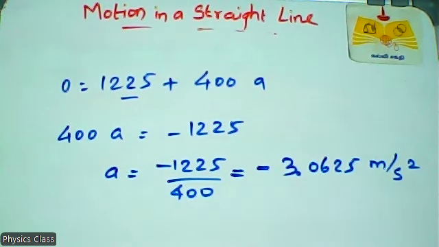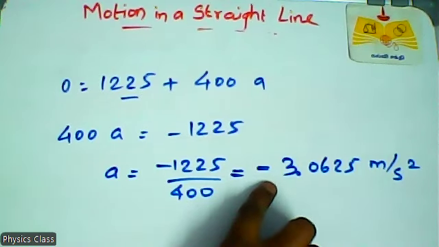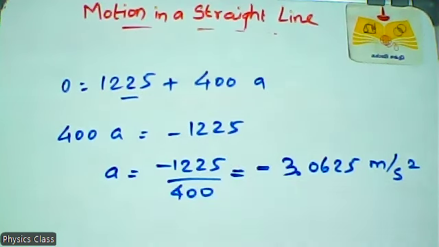The minus sign means negative acceleration, which means retardation, because in this case the brake is applied and the car will come to rest. That's why the negative sign is there. Then we will go to another equation to find the time taken.